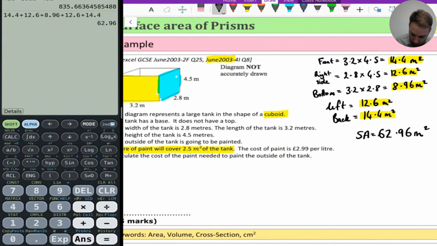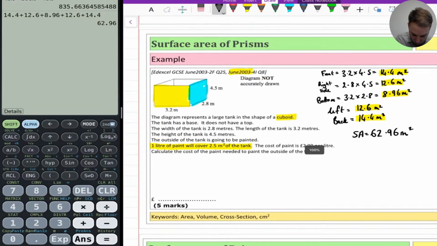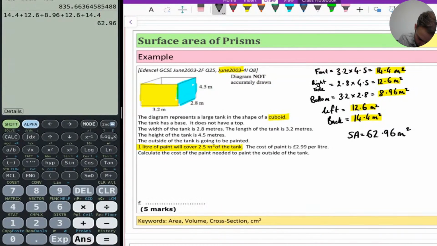Brilliant. So we now know that 1 litre will cover 2.5 meters squared of the tank. So I need to find out how many litres I'm going to need.